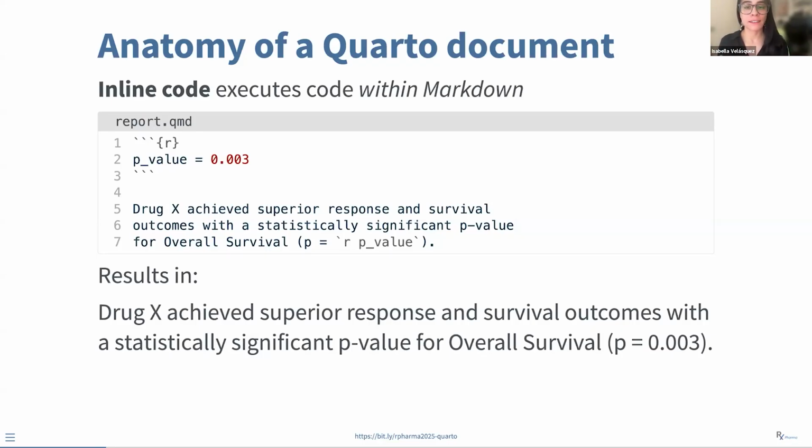When you render it, what it will output is whatever the value of that object is. So in this case, instead of saying p-value, it's going to say 0.003. This is very, very powerful if you are referring to things within your code or within your data in your narrative, so that you don't have to hard code values and update them if your code changes or if your filters change or your data changes or anything like that.